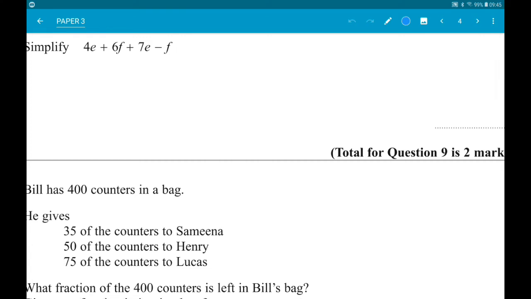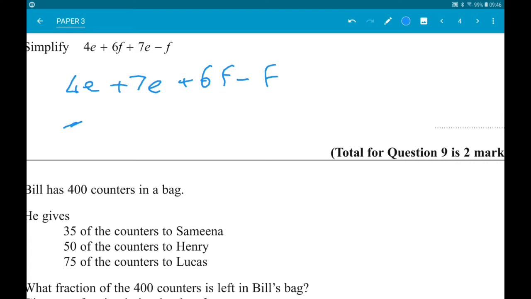Okay, number 9, we want to simplify 4e add 6f add 7e minus f. So, if it helps, we can rewrite this first of all to 4e add 7e add 6f minus f.